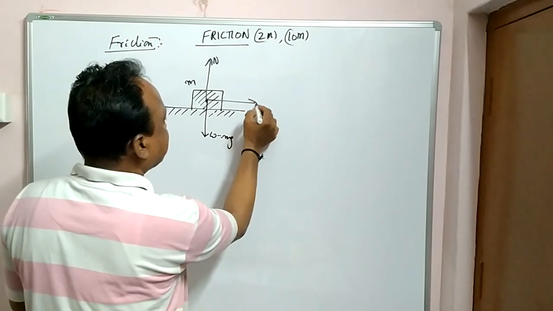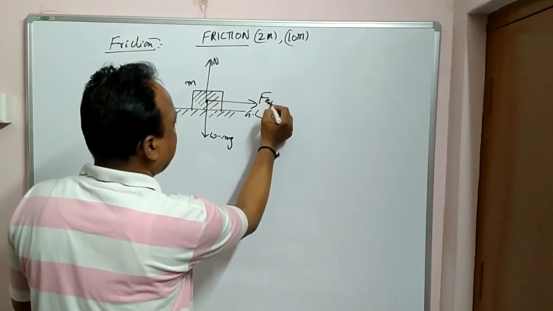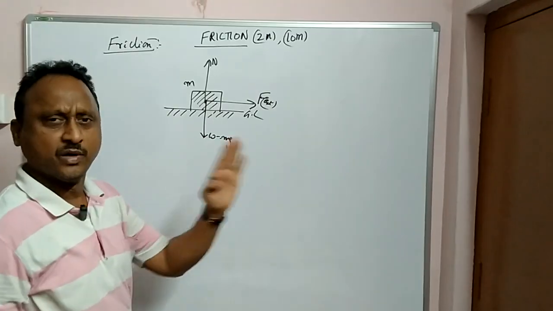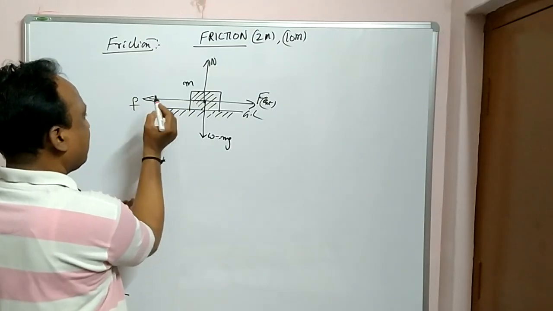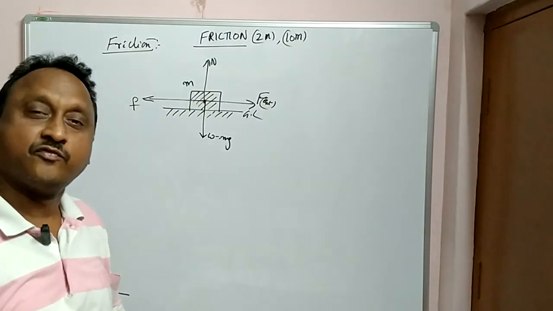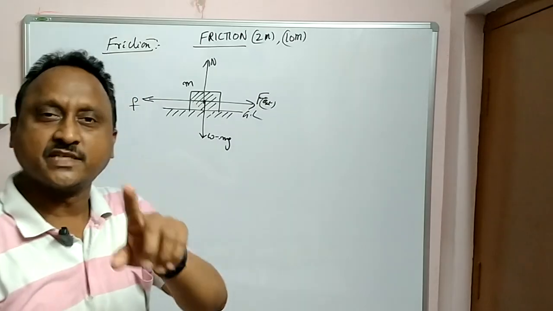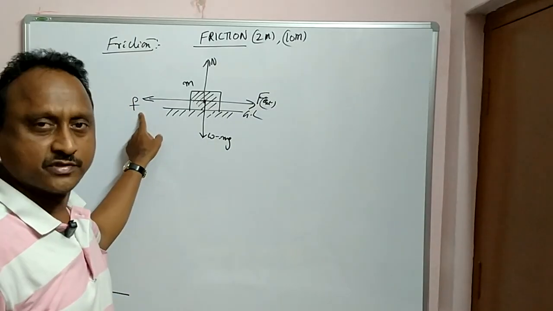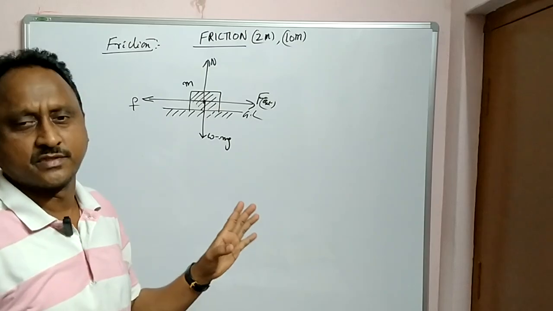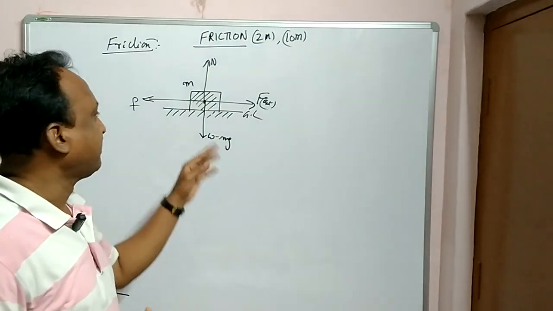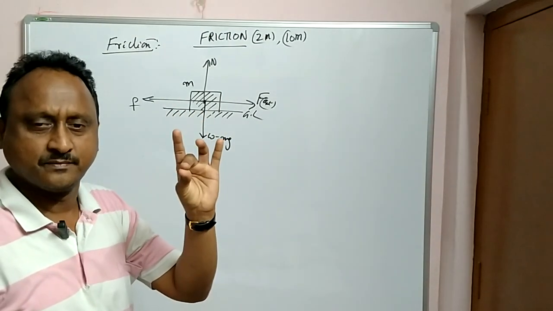Suppose an external force F is acting to pull the body, and certainly there will be friction, a frictional force. Friction is always an opposing force which acts between the two surfaces of the bodies.